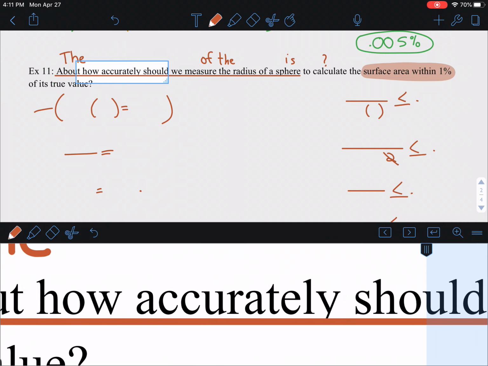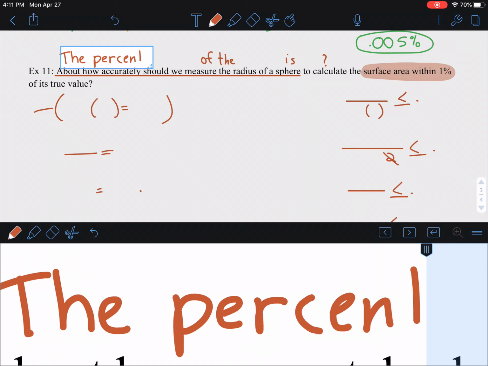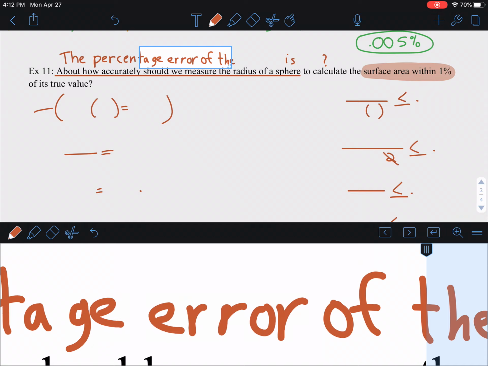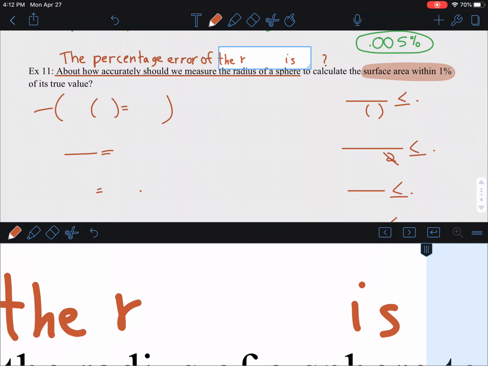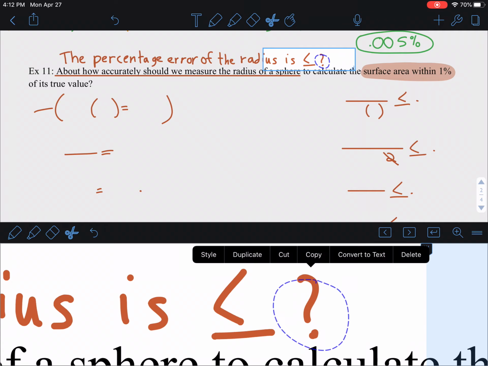If you see a question that's phrased like this, what it's really asking you to find is what should the percentage error of the radius be? Or more specifically, the percentage error of the radius has to be less than or equal to what?